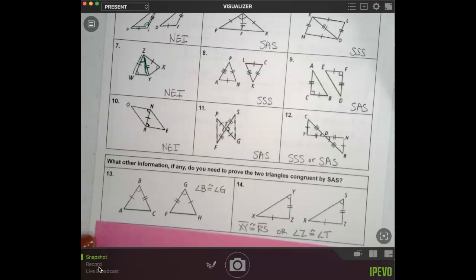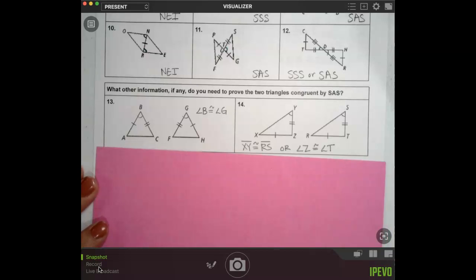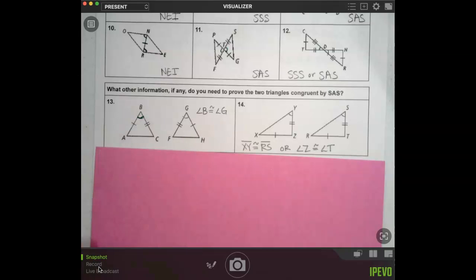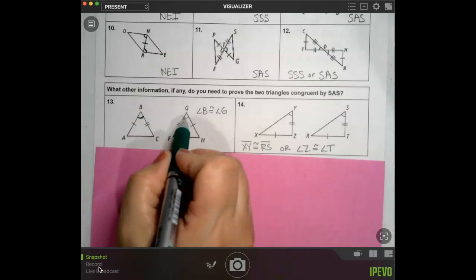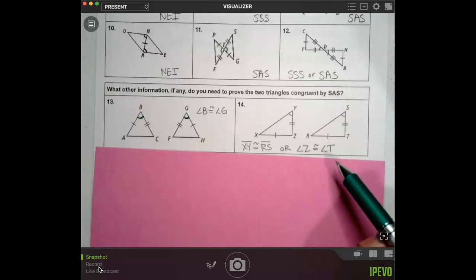What other information do you need to prove the triangle is congruent by side, angle, side? I know you can see the answers, but to explain, this would be my included angle if my sides are AB and CB. And then G would be the included angle on the other triangle, so I would need to know that they're congruent. Two options for 14.